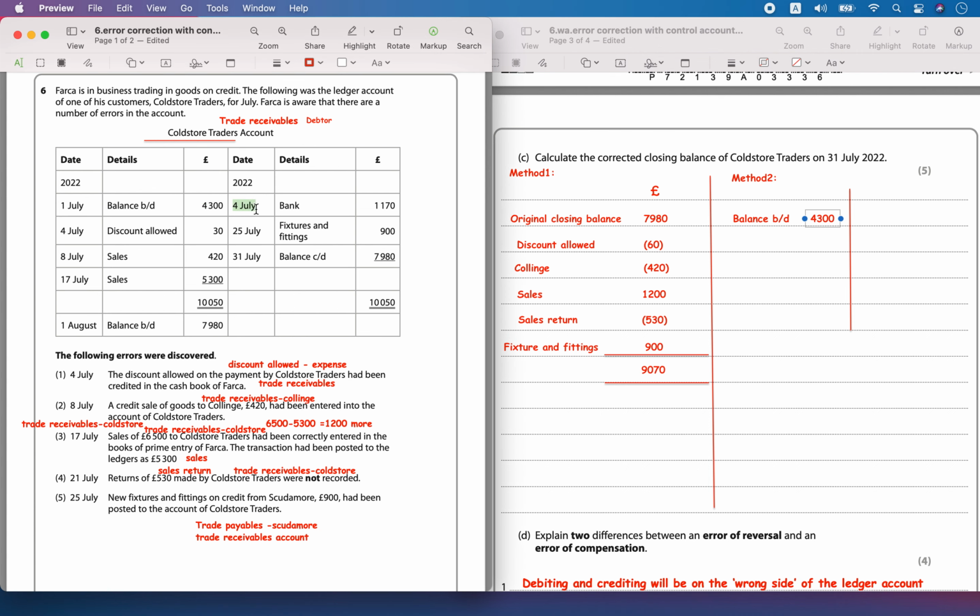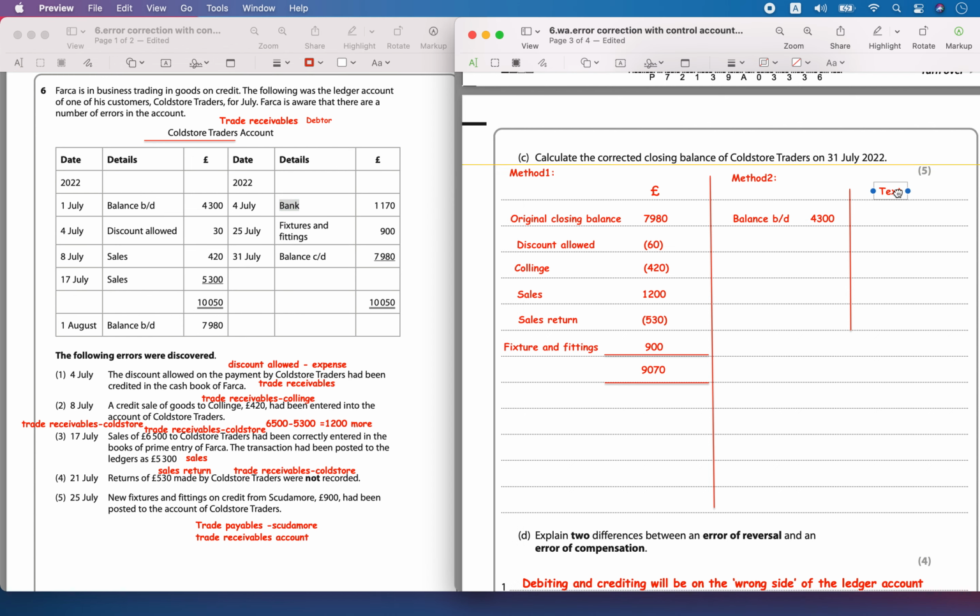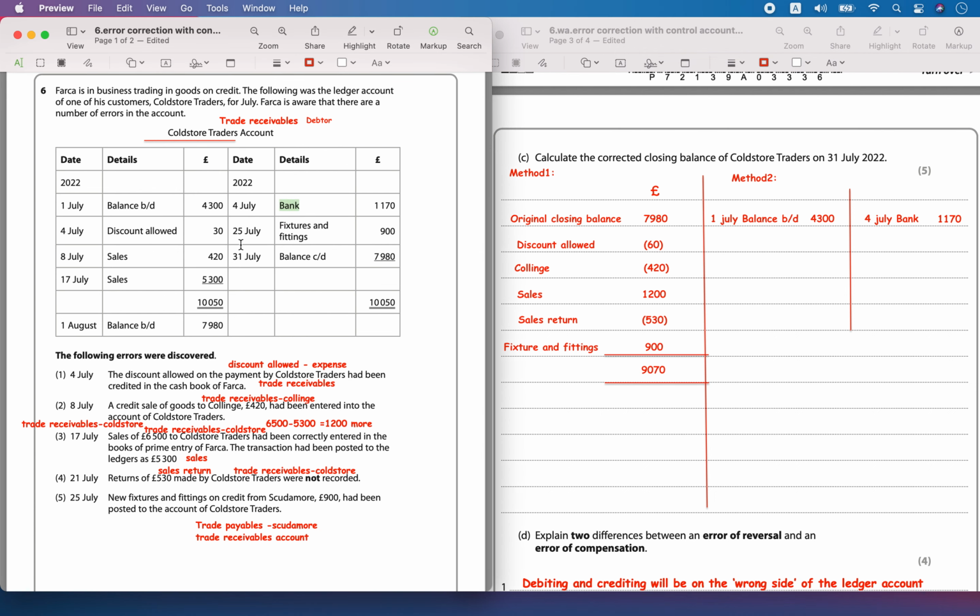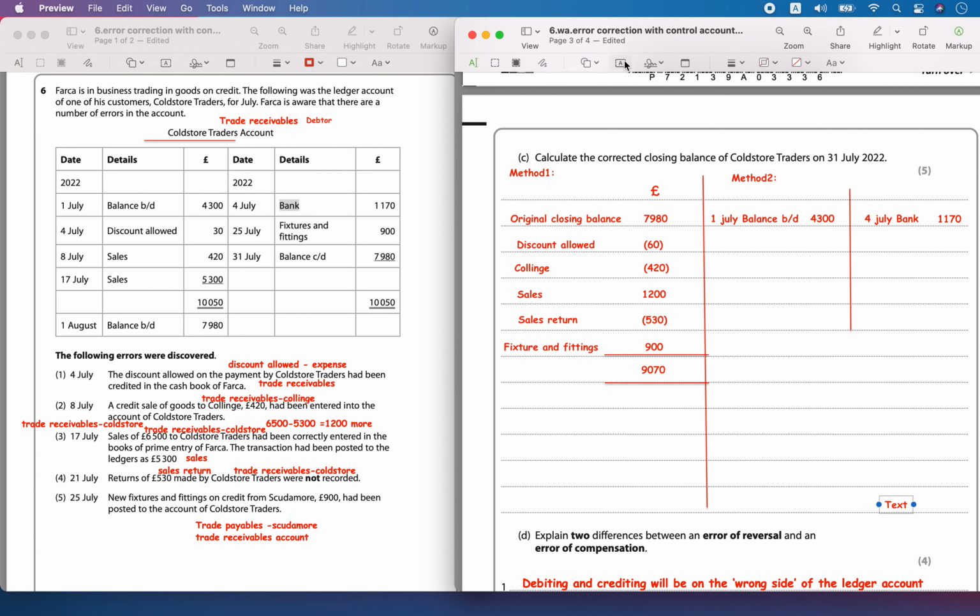And then on 4th July there was a bank transaction, so better you include the date also. So on 1st July the balance b/d was 4300, and on 4th July the bank, they got 1170. Then they got a discount because they paid some amount.